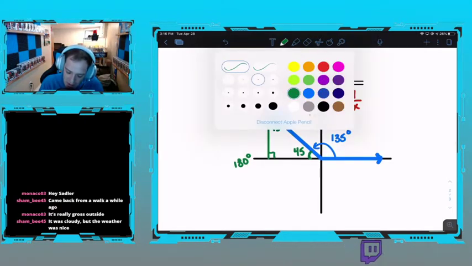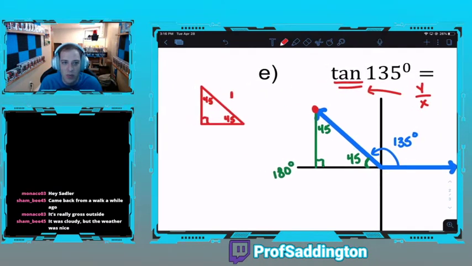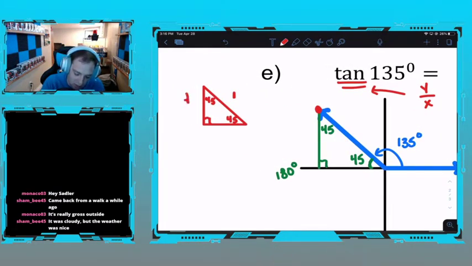So I'm just going to draw in the little triangle off to the side. So a 45, 45, 90 triangle. Again, the hypotenuse is still going to be 1. But the fractions that we did the other day were radical 2 over 2.